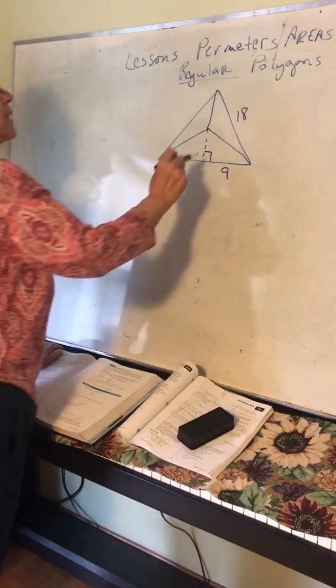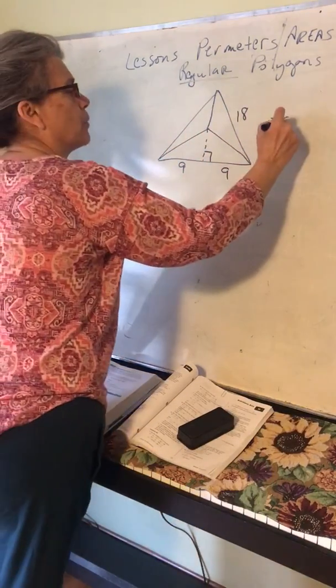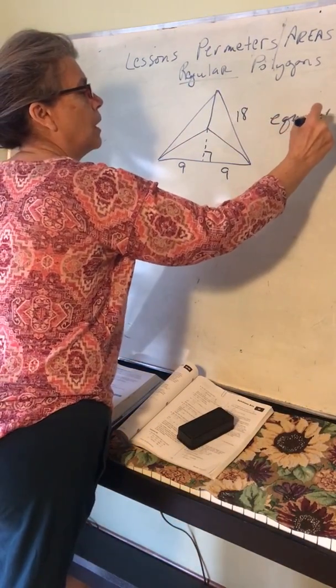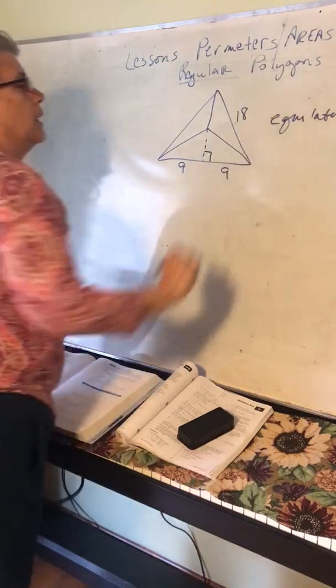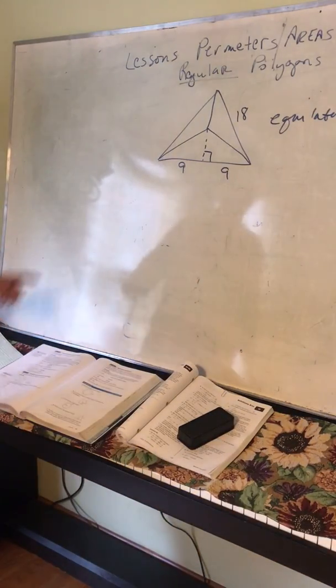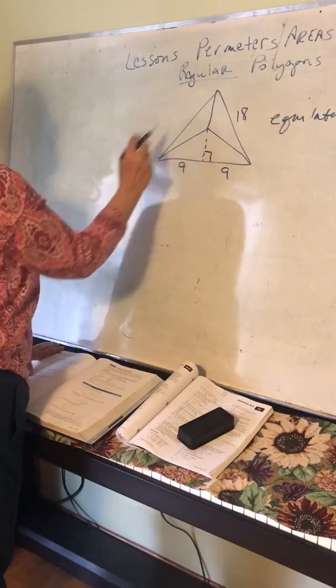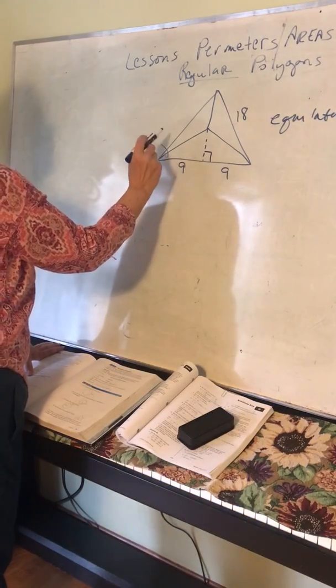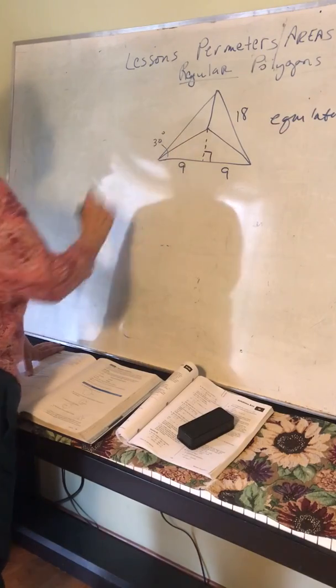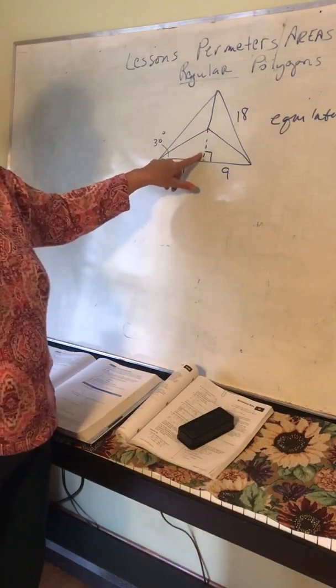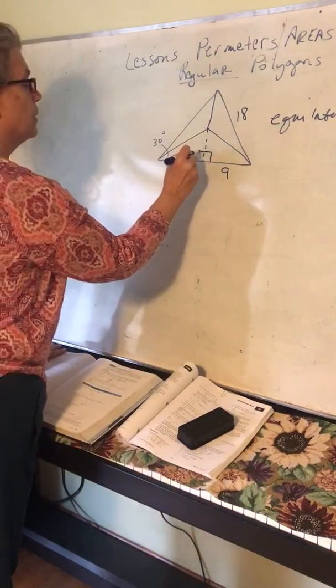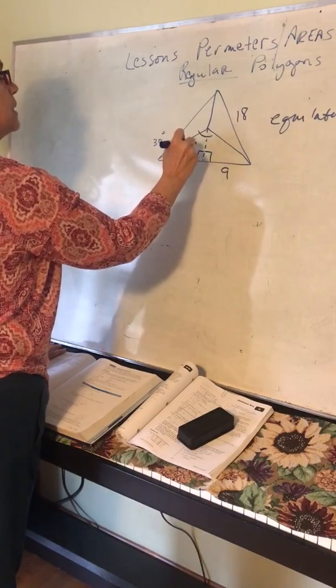Okay, let's look at this. If this is an equilateral triangle, the angles are all equal to 60. When we bisect them here, this one becomes 30 degrees, this is 90 degrees right here, and this one is 60.